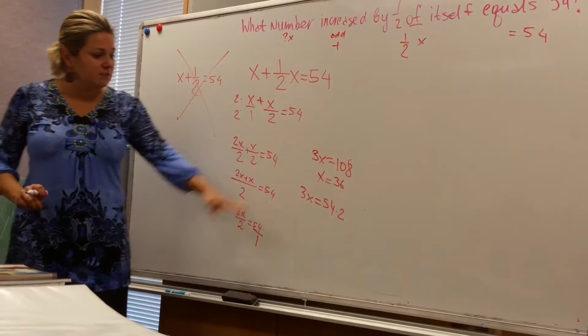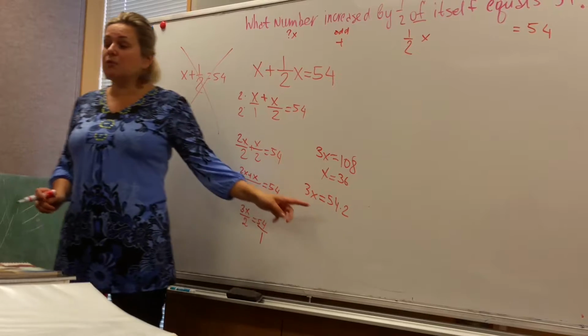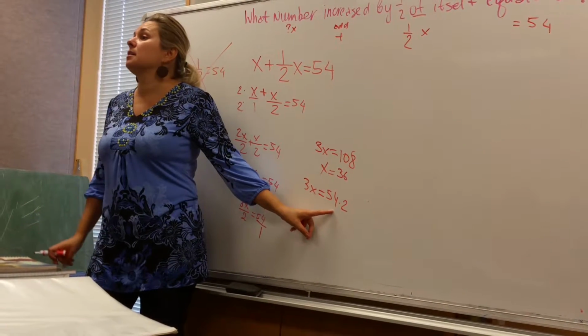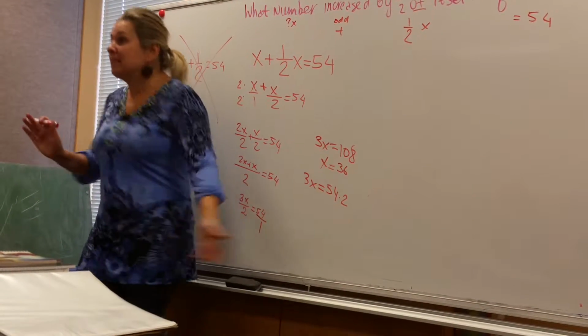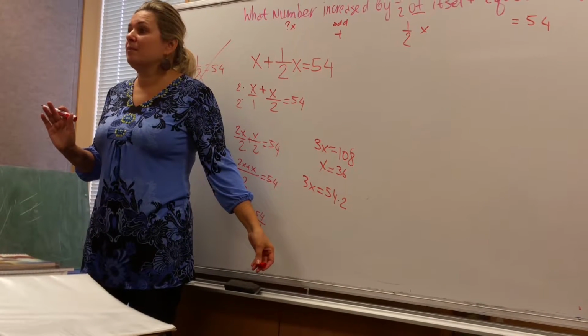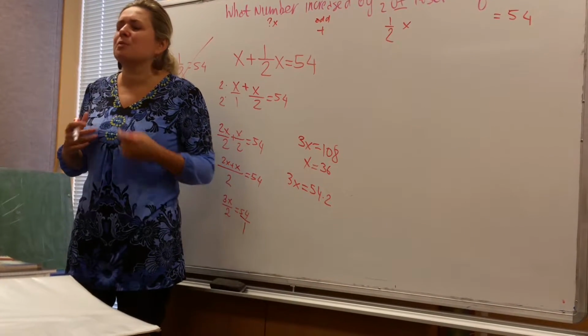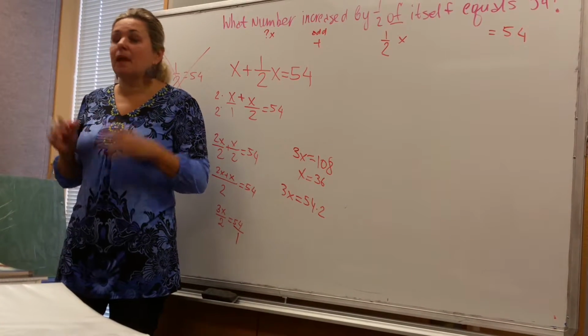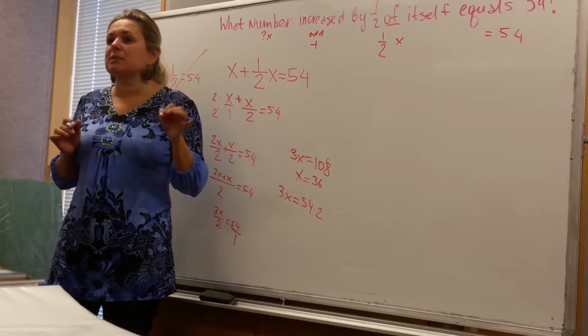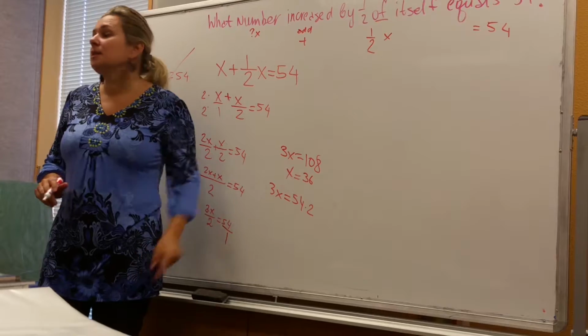What if I decide to divide both sides of the equation by 3? Is 54 divisible by 3, Juliet? Yes. How do you know? It's 18. How do you know that a number is divisible by 3? Vlad? Multiplication table. No. If the sum of its digits is divisible by 3.